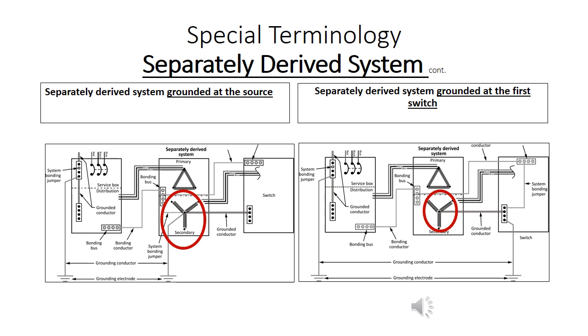The primary and secondary windings are not connected to a common core. Hence, anytime you have this type of setup, you are creating a separately derived system. For more information on this, please consult Section 10, Appendix B drawings for excellent explanations and drawings.